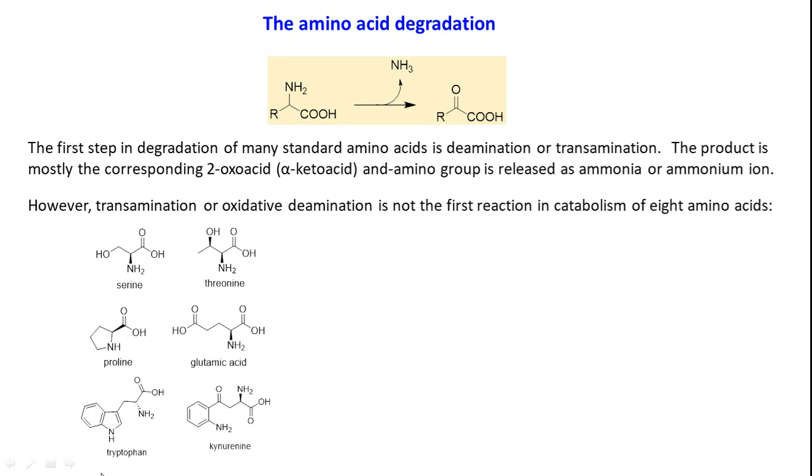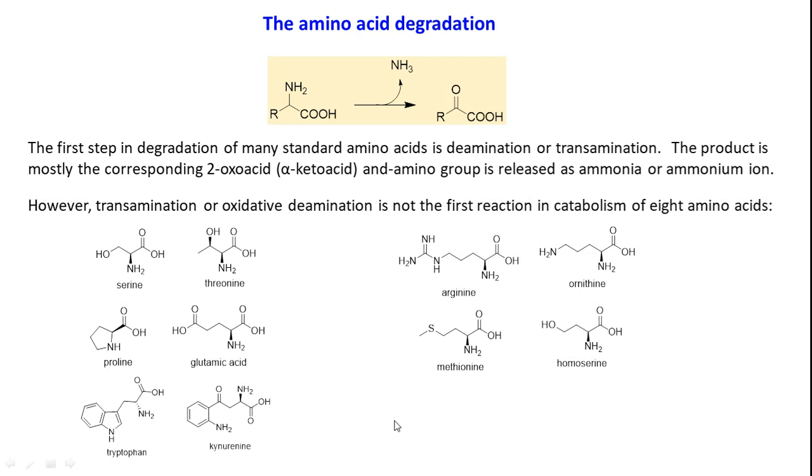In case of tryptophan, a ring opening reaction happens so that kynurenine is biosynthesized, and then the amino group will be eliminated. Arginine gets converted to ornithine, and from ornithine further reaction goes on; you will see these steps in the urea cycle.